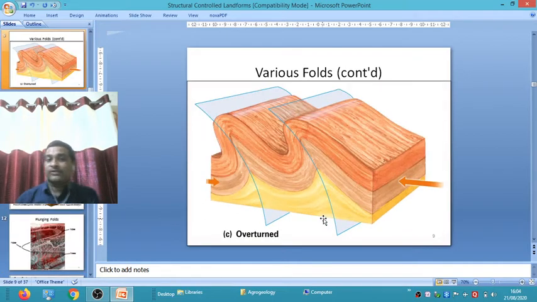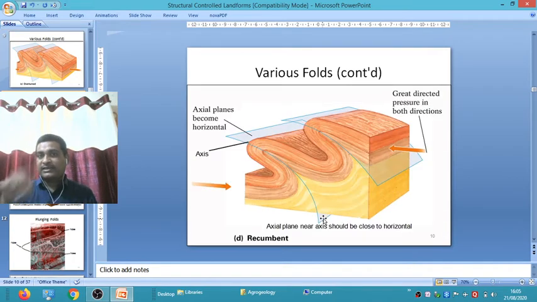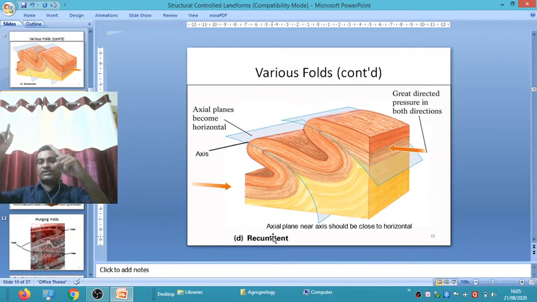Okay, these are overturned folds. The steep angle between the axial plane, called overturned fold. Okay, these are the various folds. This is the axial plane. Recumbent fold, overturned fold. Chevron fold means like triangles, like small structures, called chevron type of fold.